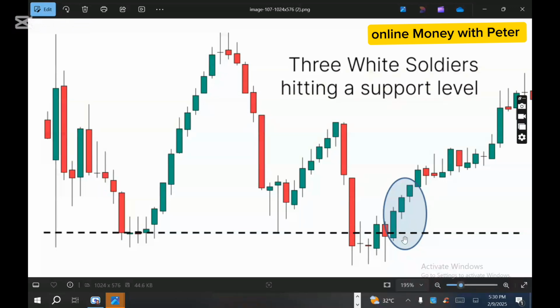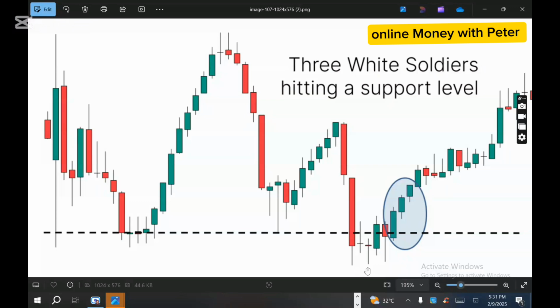Now, when you see this appear on a support, the first candlestick, the first soldier is formed, the second one, the third one. So you take your trade a few cents above this third soldier, somewhere here, and then your stop loss will be a little bit below the tail of this candlestick, somewhere here.